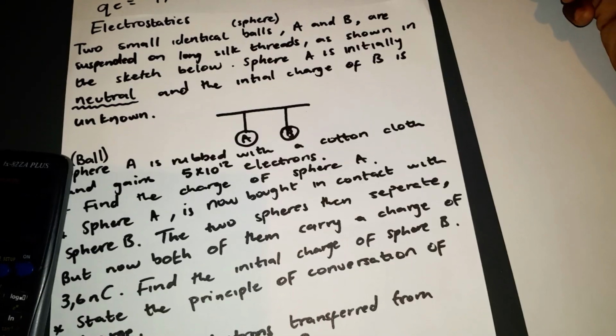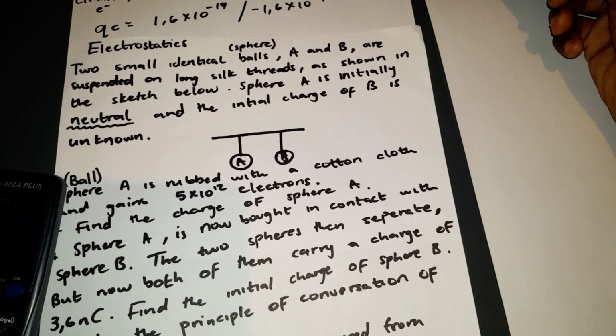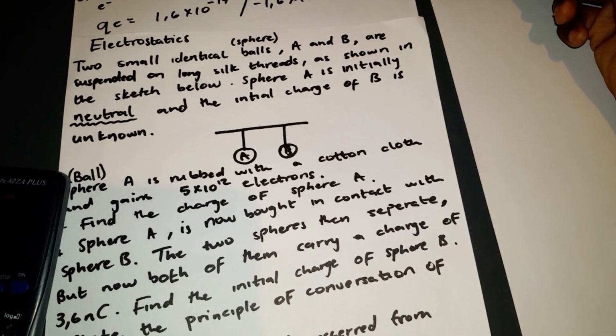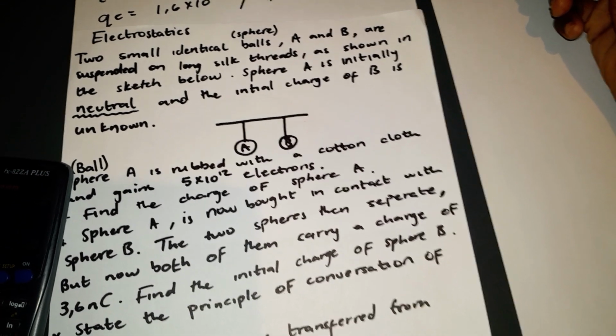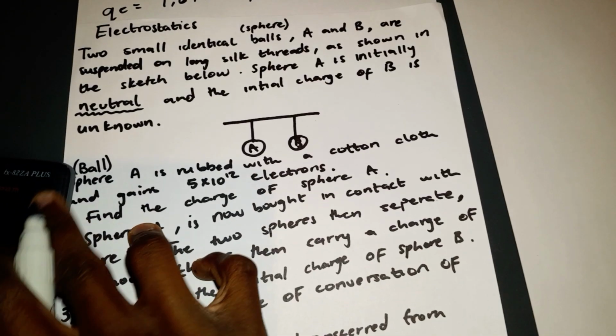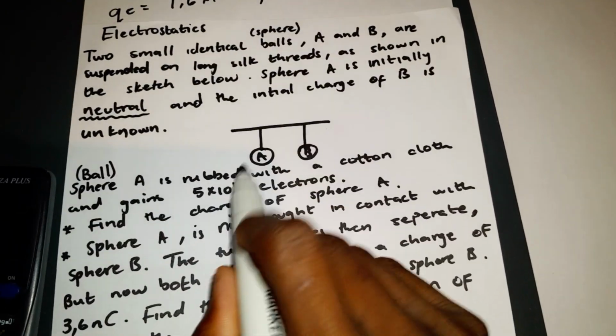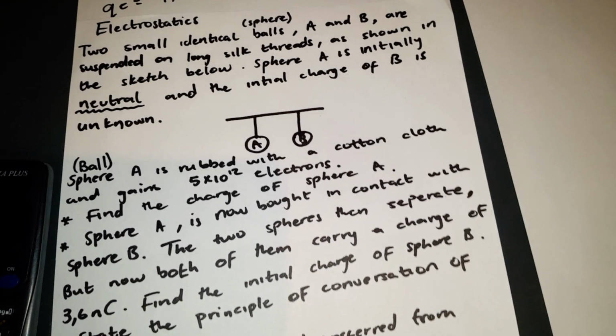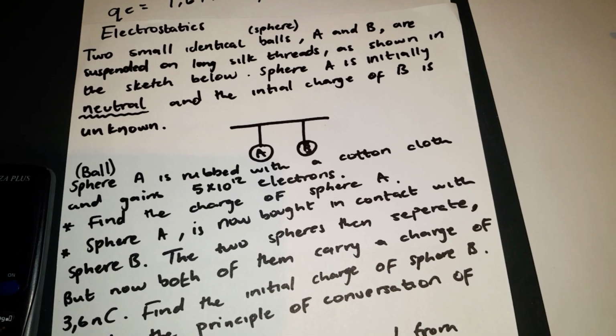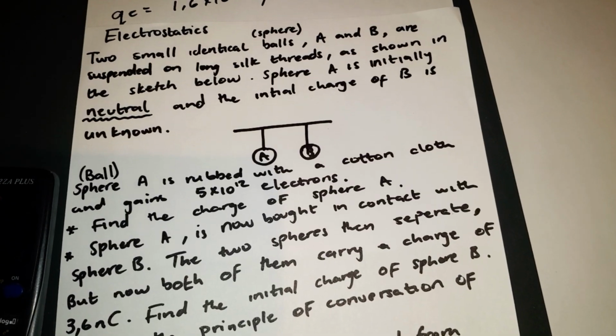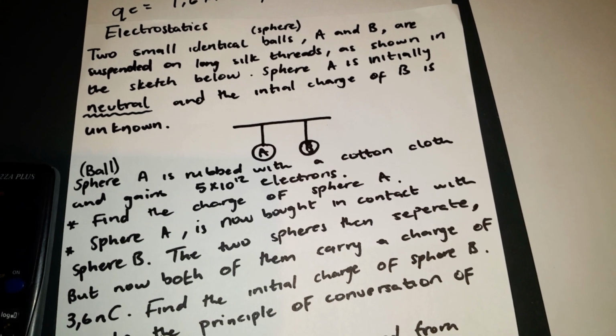So now, the first step: we know that A is neutral, B we don't know, it's unknown. You can see, as shown in this diagram, my beautiful $1 billion sketch masterpiece.